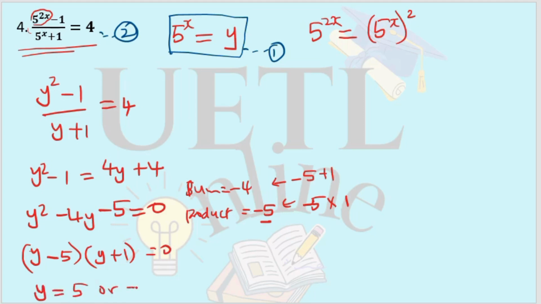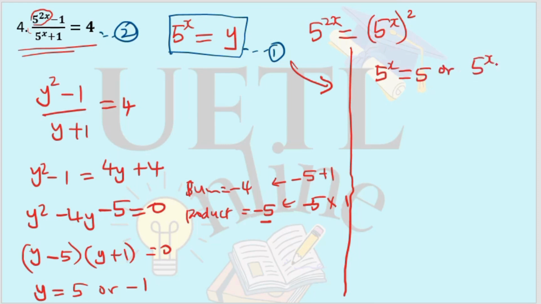If we substitute minus 1 for y, it becomes 0, which is non-applicable. Let's look at how we can see that it's not applicable by substituting into equation 1. We say 5 to the power x is equal to 5, or 5 to the power x is equal to minus 1. There is no way we can raise 5 to any power to get minus 1.